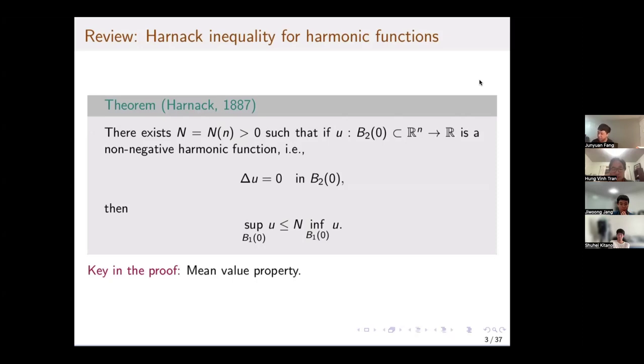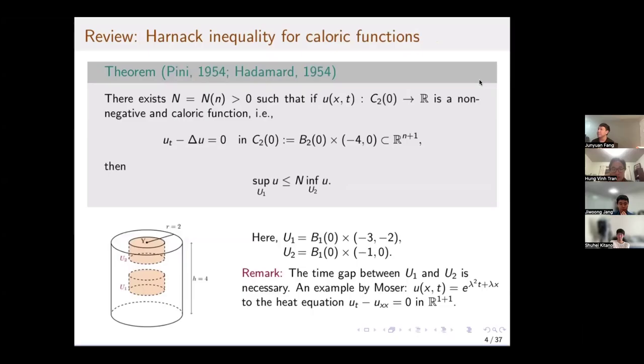So let's move to the parabolic case. This one is the Harnack inequality for caloric functions. A caloric function just means a solution to the heat equation over here. Okay, it's in 1954.